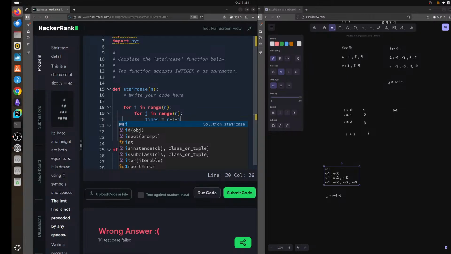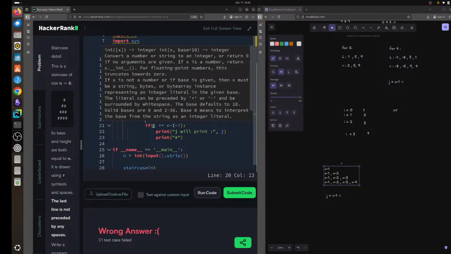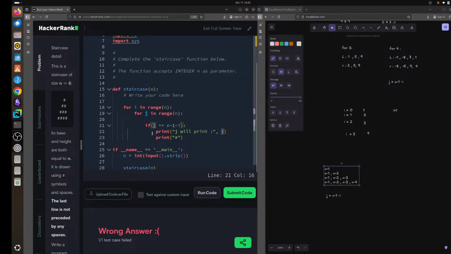No, no, this is not times. This is the printing condition for the first. Okay, when i will be 0, this will print. Then when i will be 2, because now this condition will only be valid when i will be 4. If i becomes 1, right?